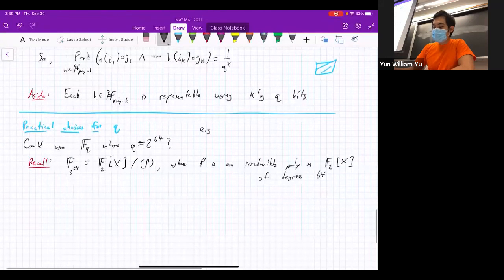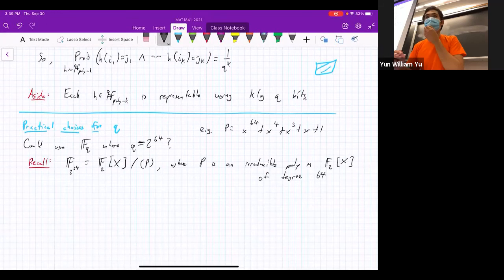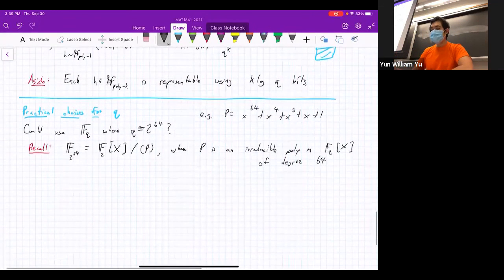So for example, you could use p equal to x to the 64 plus x to the 4 plus x cubed plus x plus 1, which happens to be irreducible in this particular characteristic.